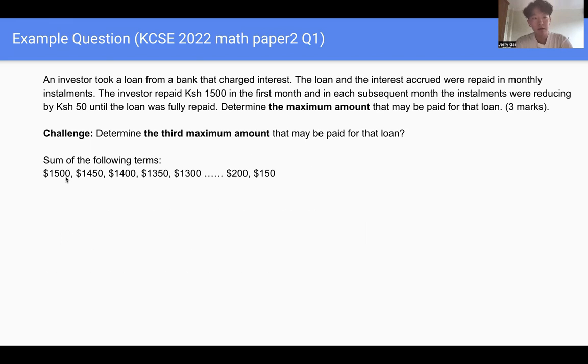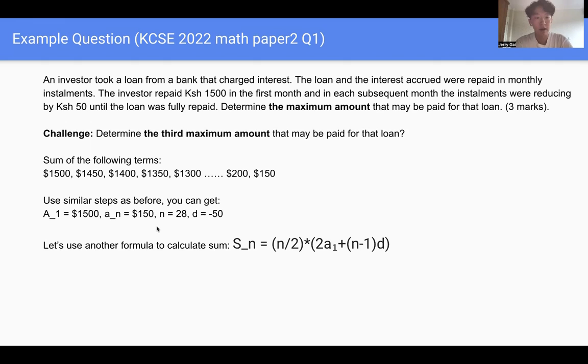You still start with 1,500 and you minus 50 in each next term, but your last term is 150. So you determine A1 is equal to 1,500, AN is equal to 150, and you get D is equal to minus 50, and use similar steps to get N is equal to 28. Then you can calculate the summation.